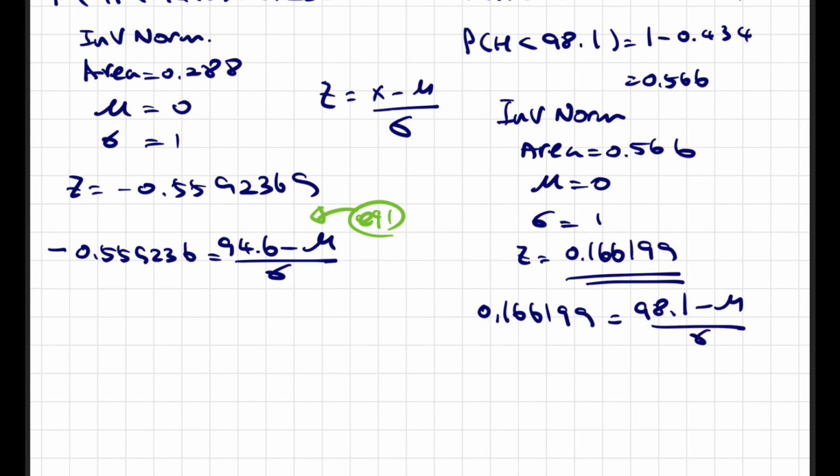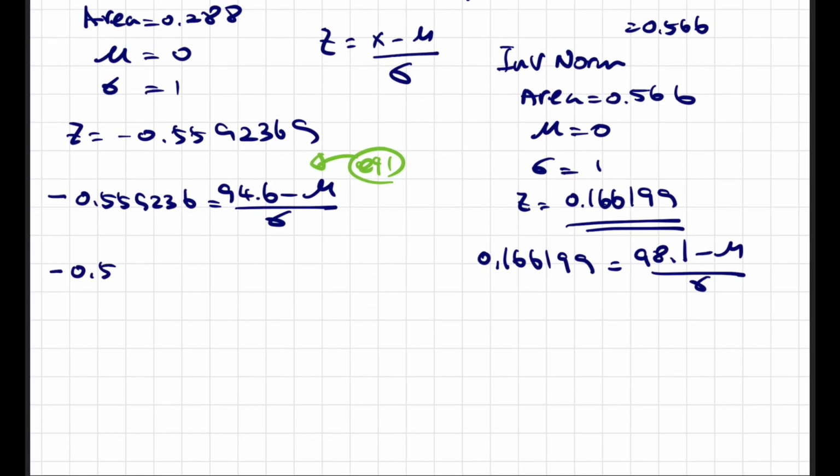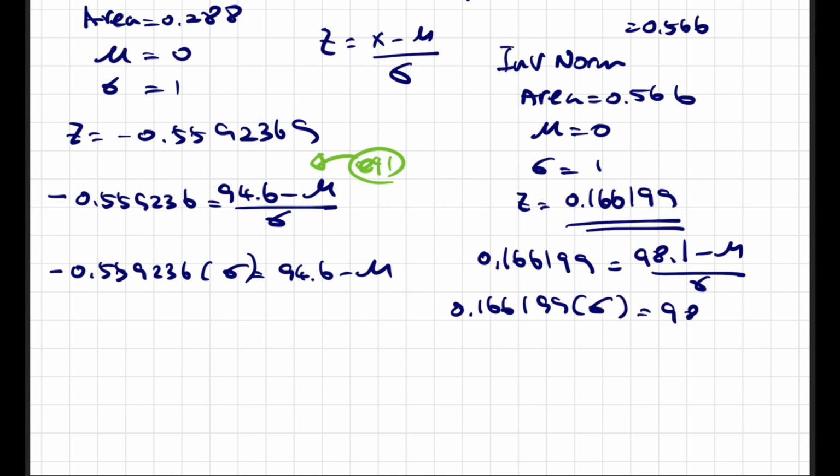From this point, everything is very straightforward. What we need to do is first expand our equation, right? Negative 0.559236 times standard deviation equals 94.6 minus mean, and 0.166199 times standard deviation equals 98.1 minus mean. We can set everything equal to the mean.